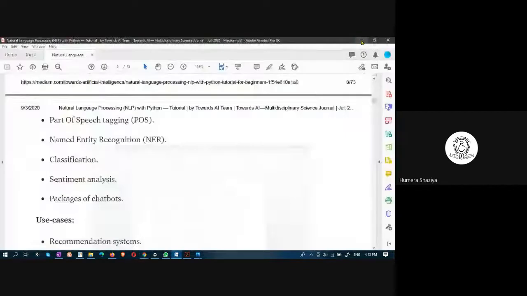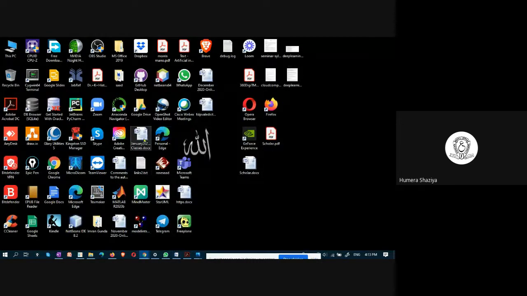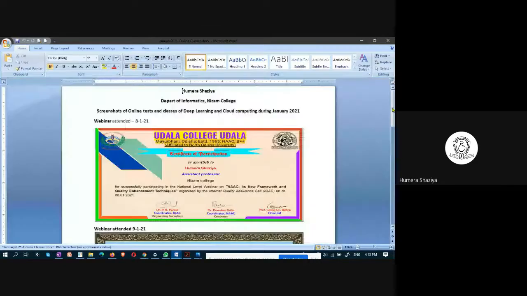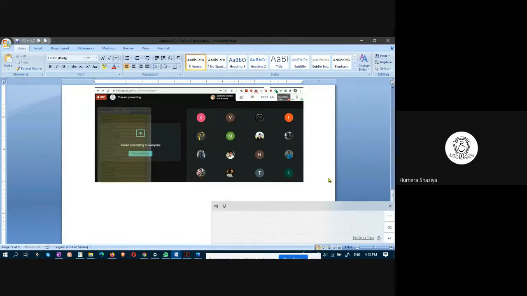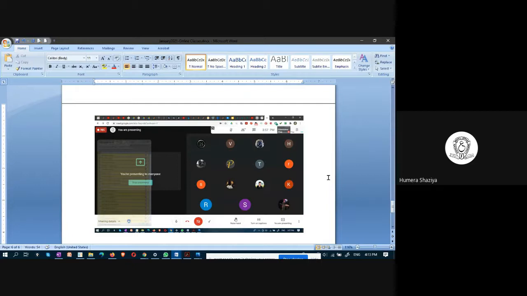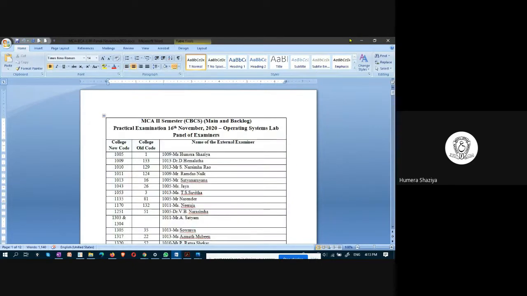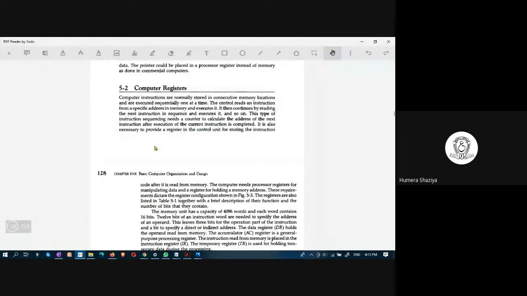Memory in the processor. All right. Here, a register is a memory inside the processor.